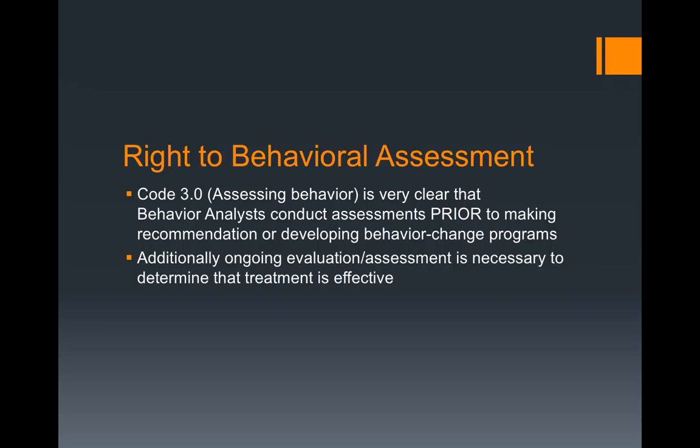The fifth area that Van Houten is focusing on, that would define effective behavioral programming, and that people who receive behavioral programming should have, is the right to behavioral assessment. Now, Code 3, assessing behavior, made it crystal clear, and sort of took this section of Van Houten and expanded it.